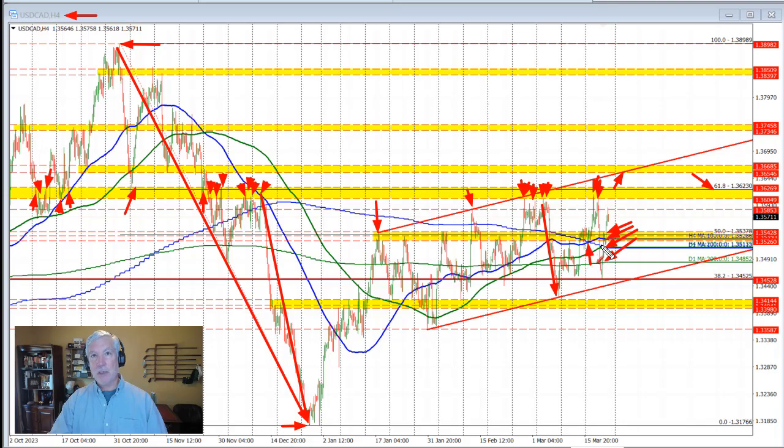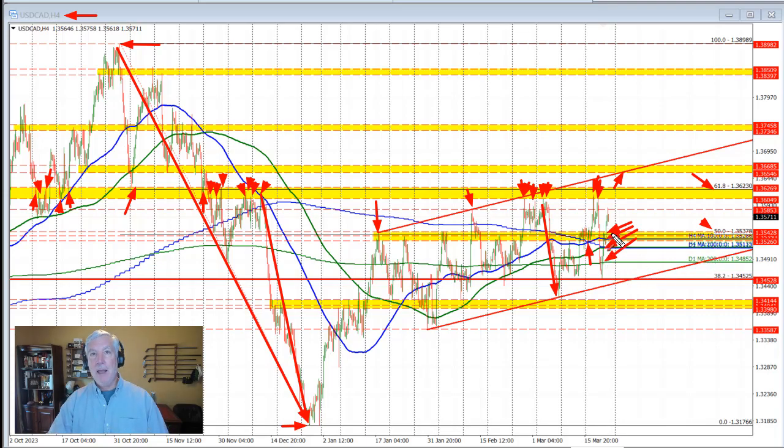That's the blue and green line. Back above the 100-bar moving average on the 4-hour chart. And all those moving averages form support, and will form support, I should say, going forward. Also near that area is a 50% retracement of 1.35378.